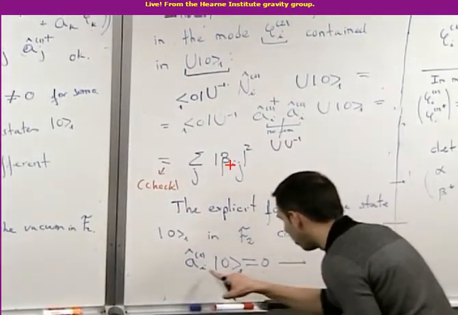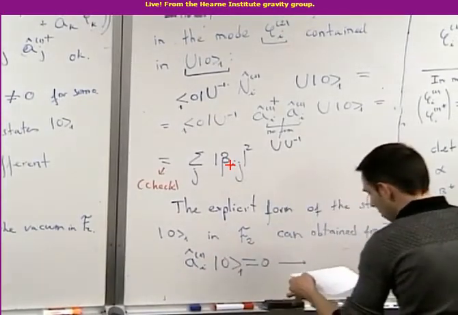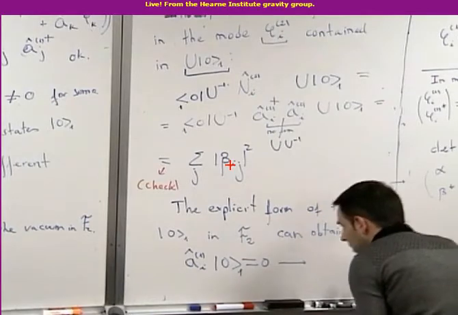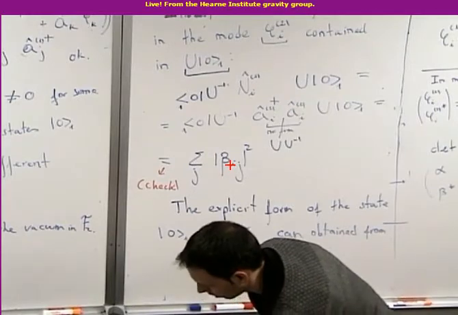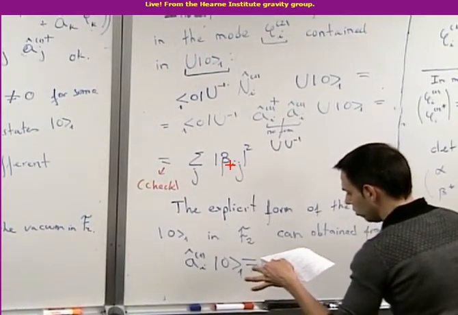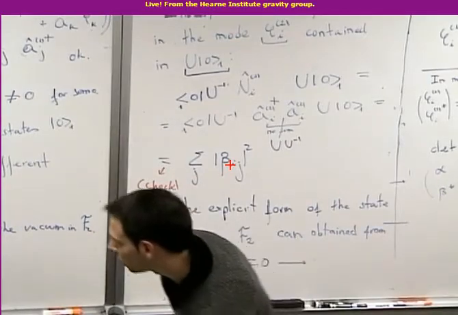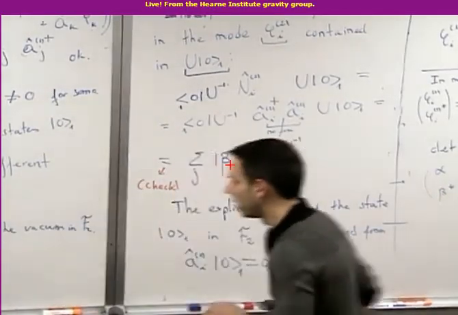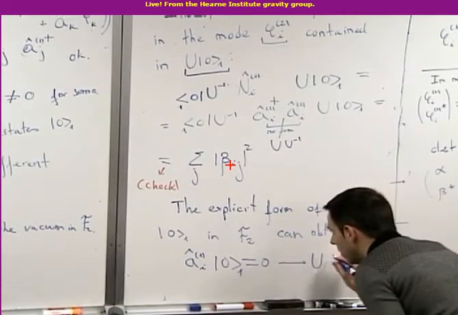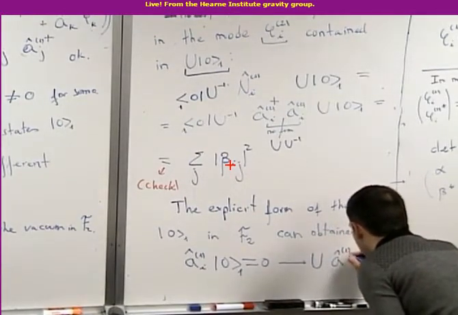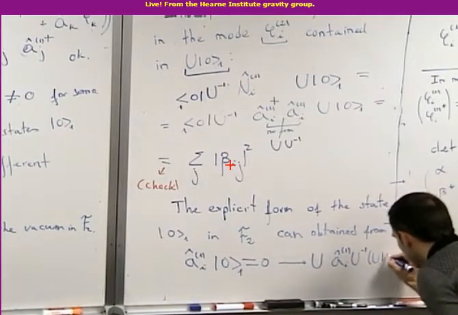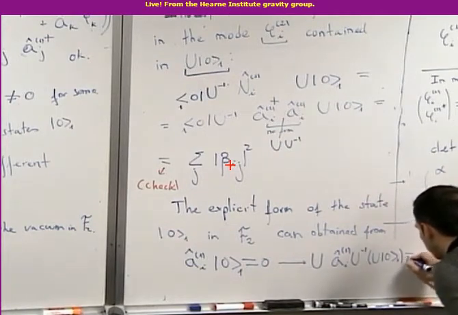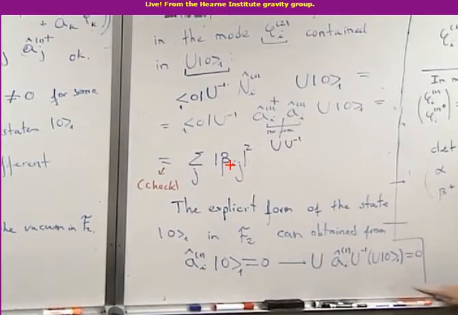Now I can insert here U and U minus 1, so this is going to be the same as U A1 i U minus 1 U vacuum 1 equal to 0. Obviously, this is just identity, and if that was 0, this is also 0.